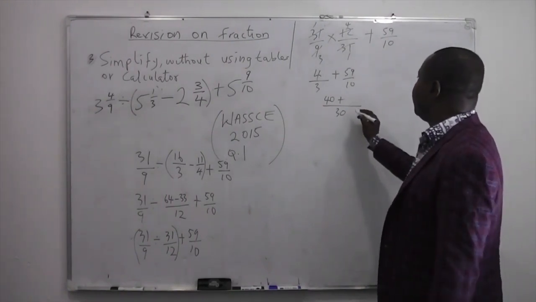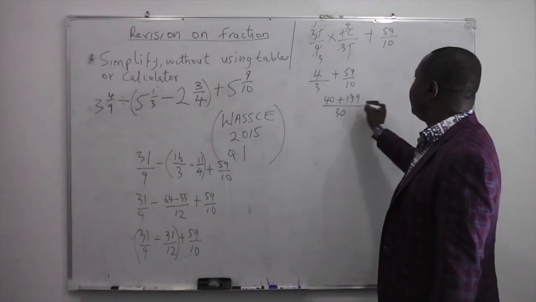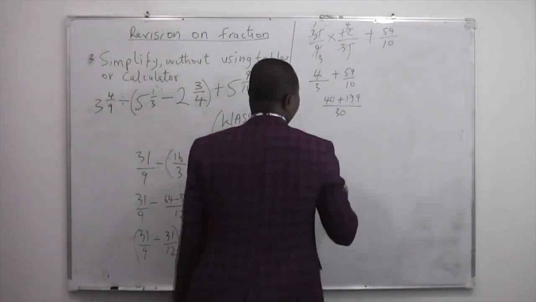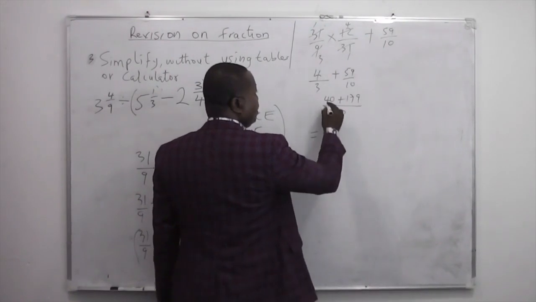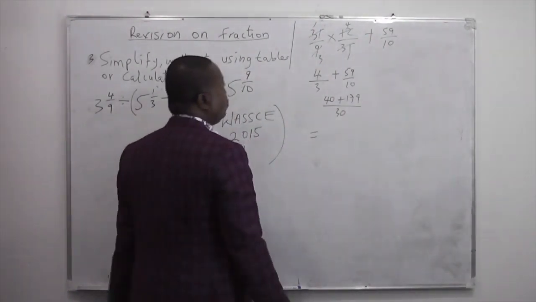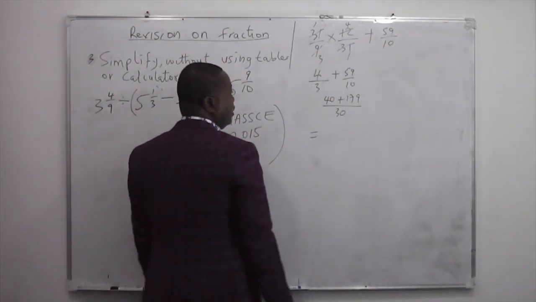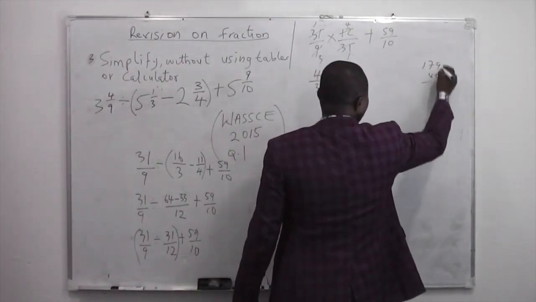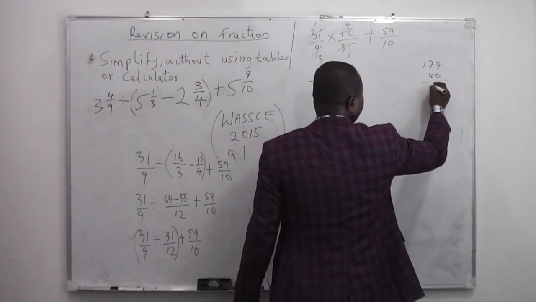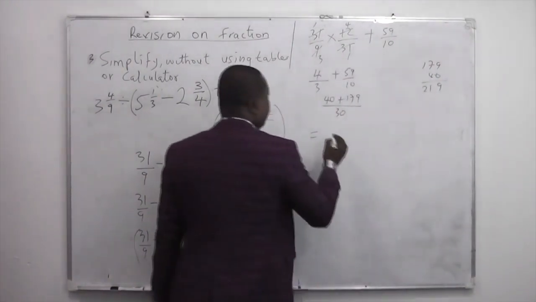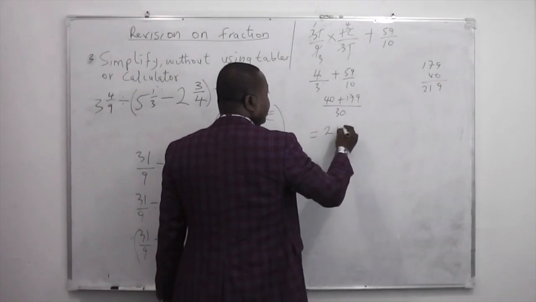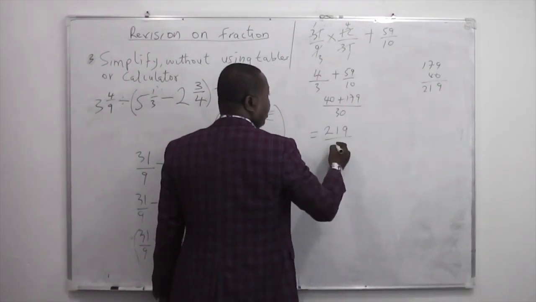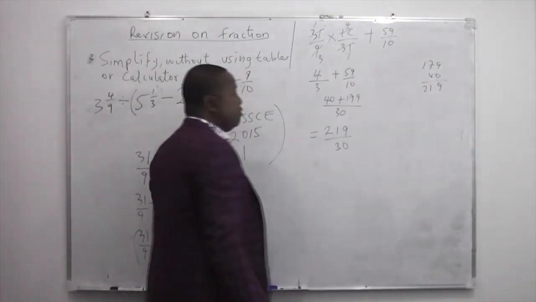Then it becomes this plus this, giving me 200 and let me add it here for better. 40, this is 9, this is 1, this is 2. That becomes 219 all over 30.